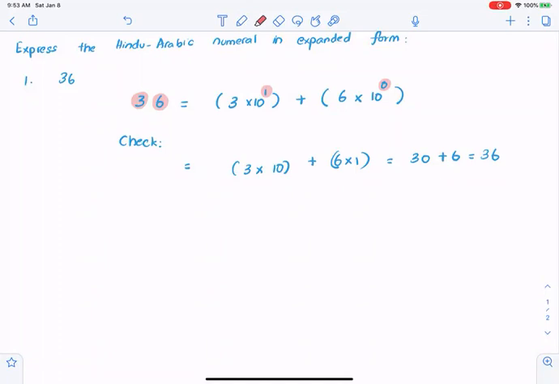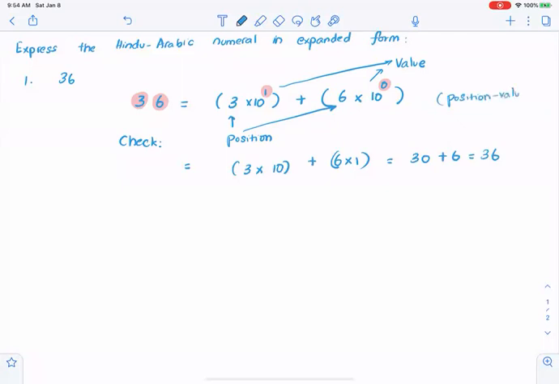Since we have a position and a value corresponding to the position, the Hindu-Arabic numeral system is what we call a position value or a place value system, because we look at positions and assign values corresponding to those positions.